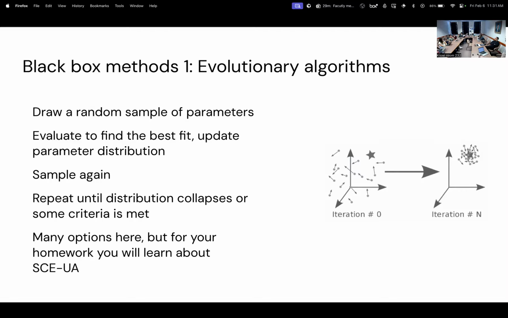Did you say it's popular in hydrology? Do you have any theories why it's not popular in hydrology? Because it was developed in hydrology. Other fields do use it.